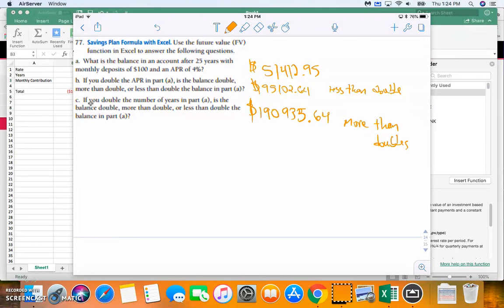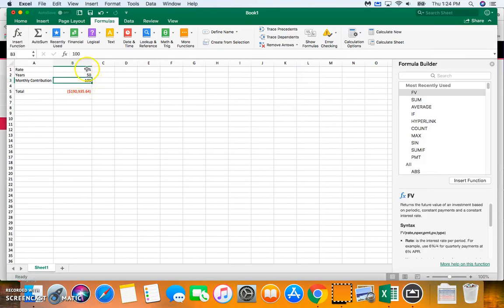Hopefully you notice that it's very convenient, as we just have to switch a few numbers and it quickly generates things. And there's also a payment function in there, so there are a lot of great things that Excel can do. But if you have any questions on using Excel and finding the sums of savings plans and using the future value formula, please do not hesitate to let me know.